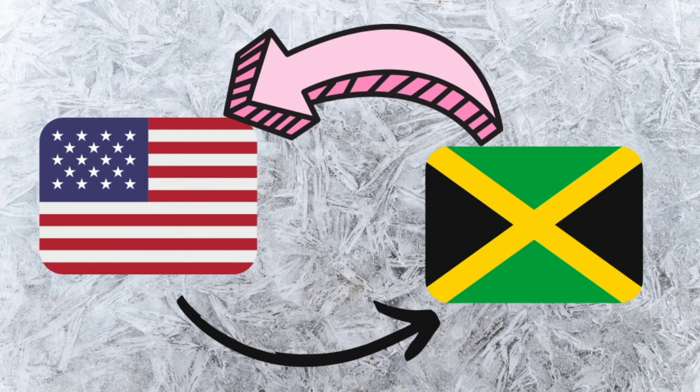So if persons are leaving from Jamaica, for example, and going to USA, to you who are living in Jamaica, these persons are emigrants, but to the persons in America, they would be immigrants. Likewise, if somebody is leaving from USA to come to Jamaica to live, to the persons in USA, they would be emigrants, while to us in Jamaica, they would be immigrants because they are coming into our country to live.